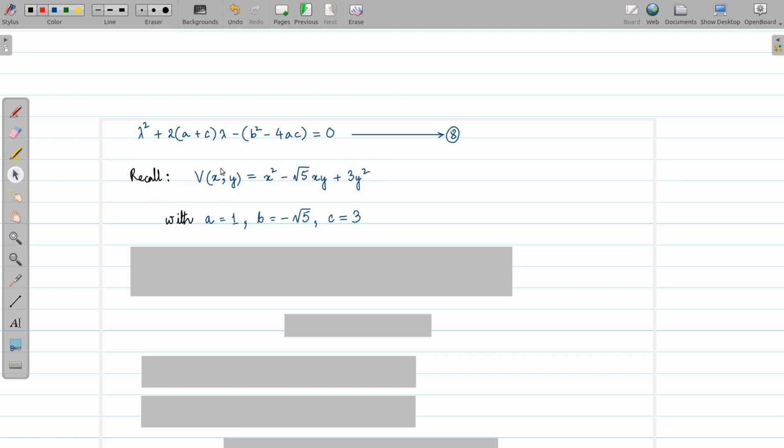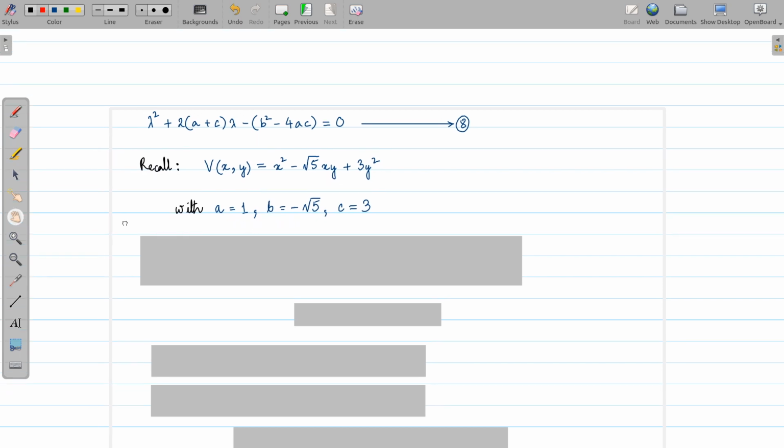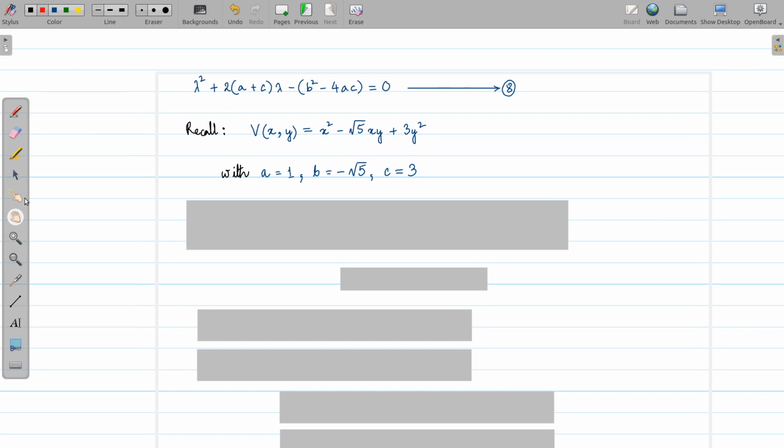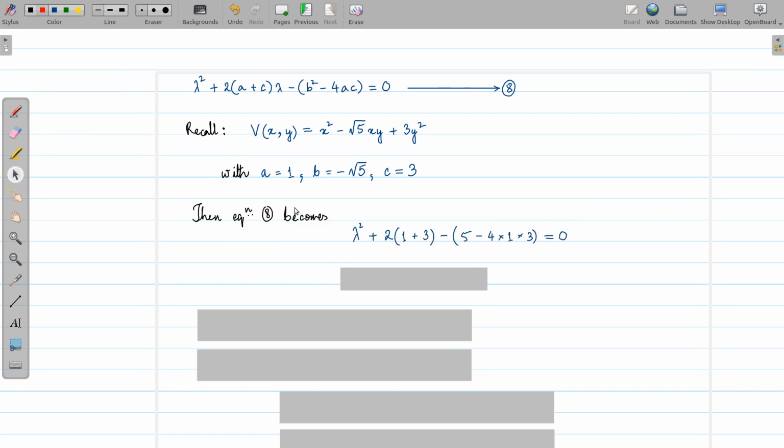So again, just a recap, V is given as this in the problem. A is equal to 1, B is equal to minus root 5, and C is equal to 3. We can just substitute A, B and C in equation number 8, and when we do that, this is going to become lambda square plus 2 into (A is 1 plus C is 3), so 1 plus 3, minus b square, which is minus root 5 square, equal to 5, minus 4 into 1 into 3, which is equal to 0.